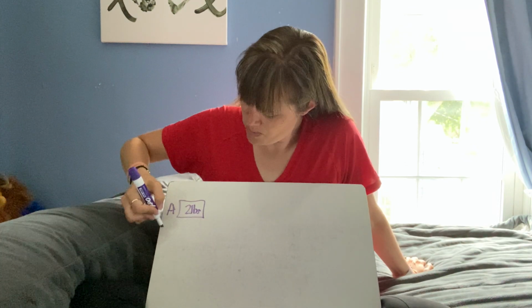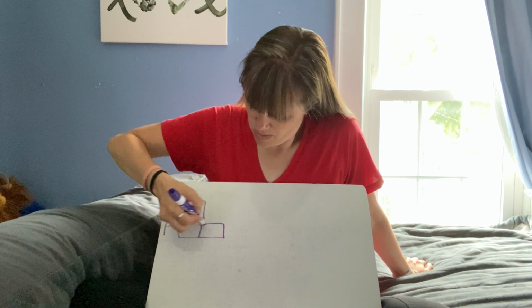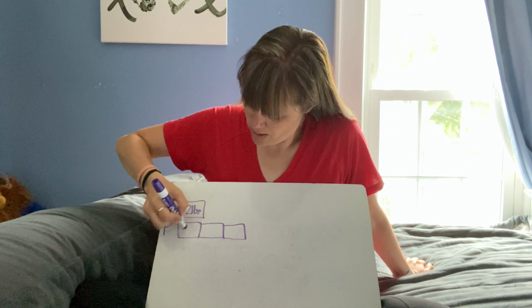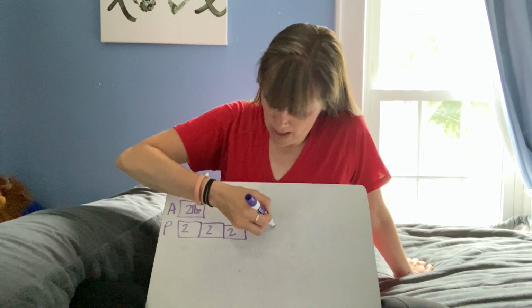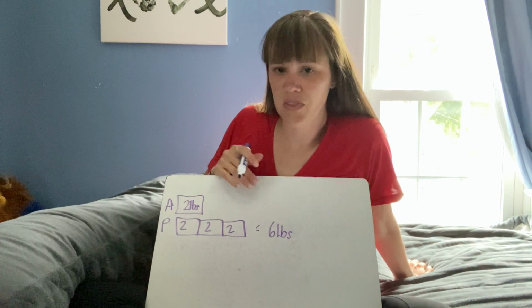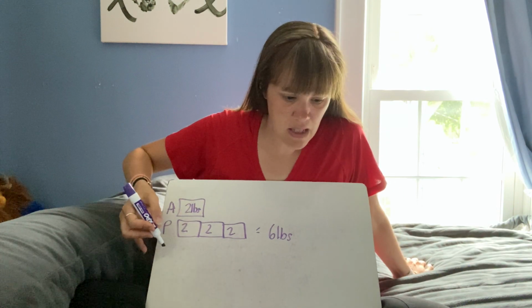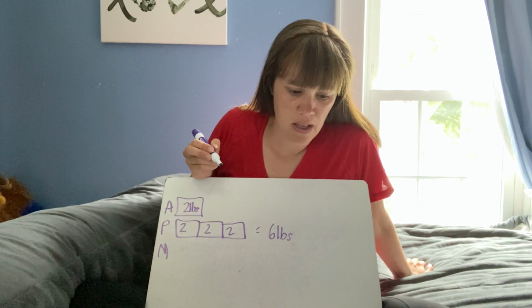Potatoes were 3 times as many, so we'd need 3 of these. 1, 2, 3. So that's 2, 2, 2, giving us a grand total of 6 pounds. I just like to write that. It just helps me. And then melons, that was a little bit more difficult.